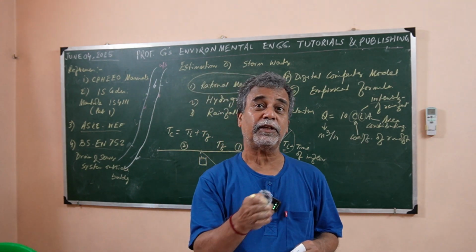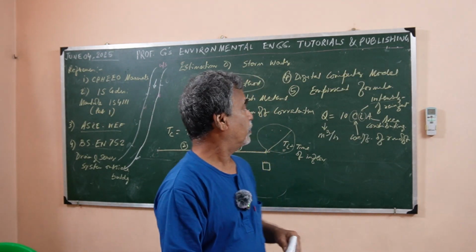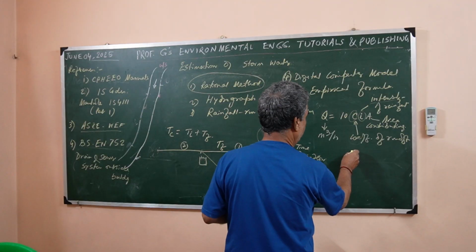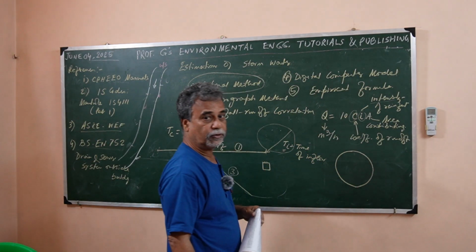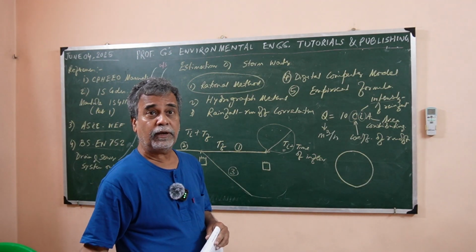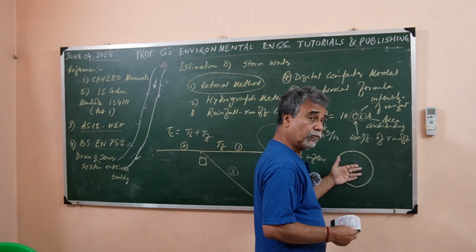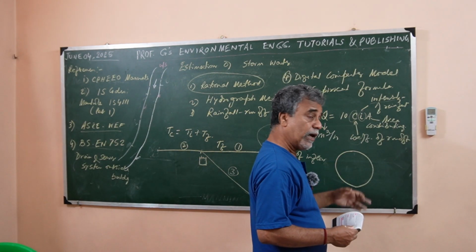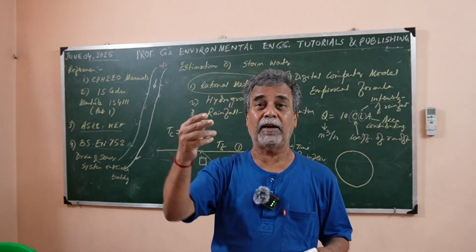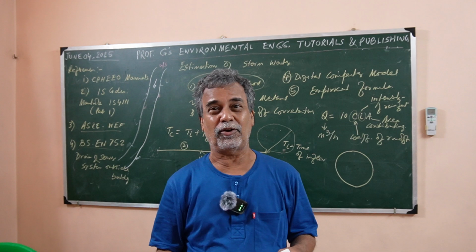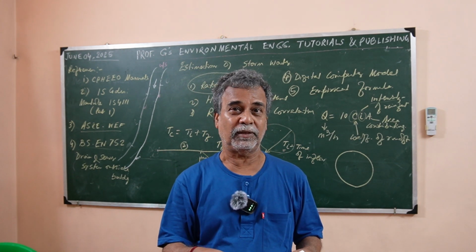So if I design for once in 10 years, then your sewer size will be much bigger. That will be uneconomical also. So when the cost is considered, you cannot simply take the largest runoff which we have experienced over a longer duration.